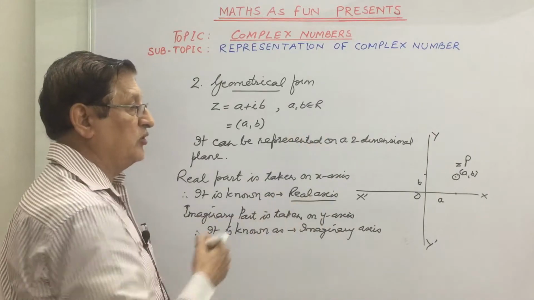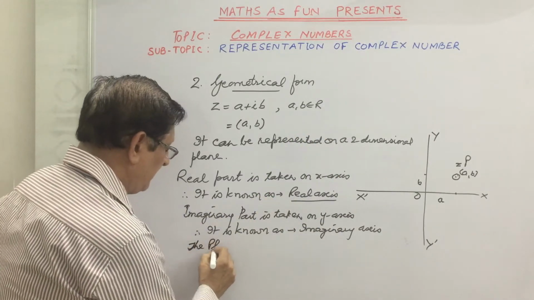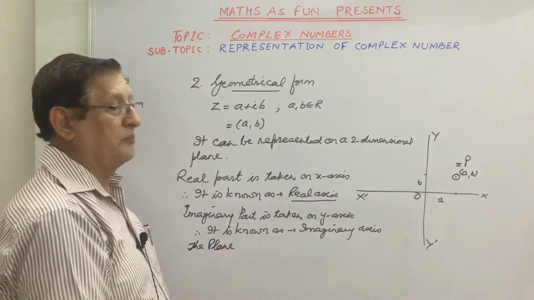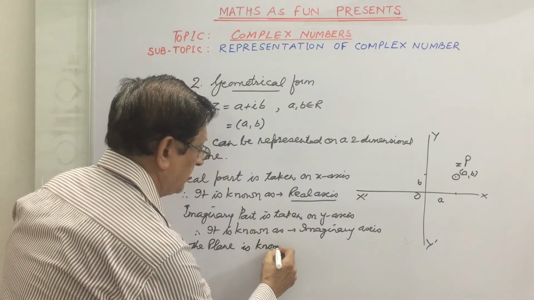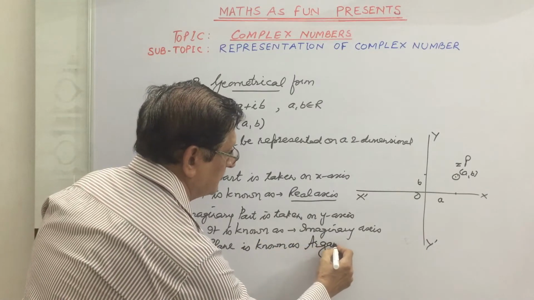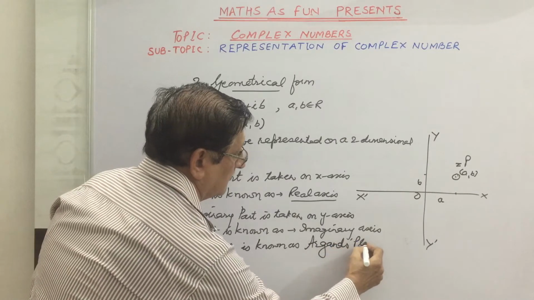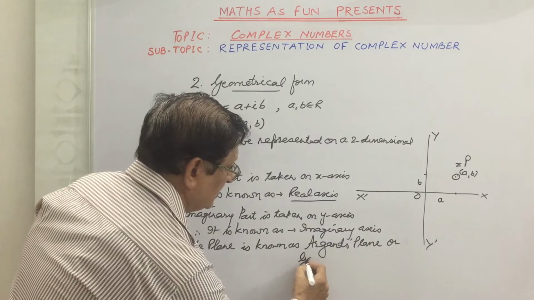What is this plane known as? The plane in which we represent the complex number is known as Argand's plane, or we also call it Gaussian plane.